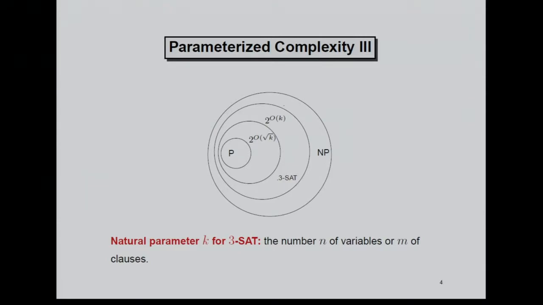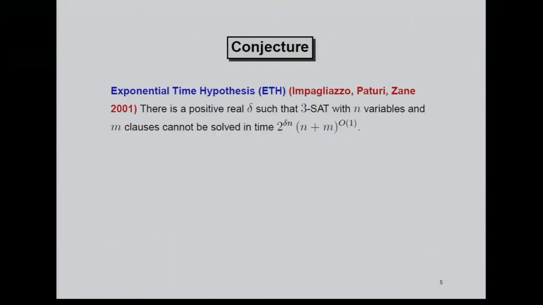And what we mainly use to prove lower bounds is the exponential time hypothesis, so that 3-SAT formulas with m clauses and n variables cannot be solved in time 2 to delta n times a polynomial in n and m.